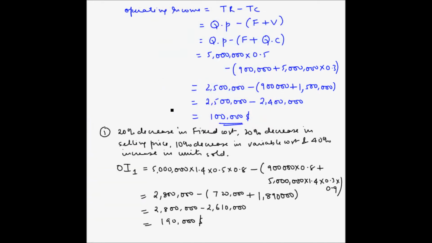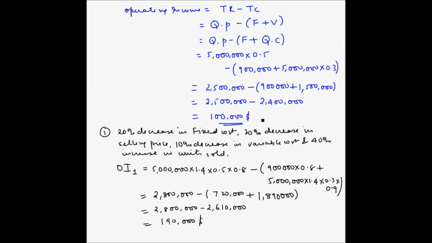So basically, if we decrease the fixed cost, we decreased the selling price, decrease the variable cost, and increase the units sold by 20, 20, 10, and 40% respectively, then our operating income is changed to $190,000.